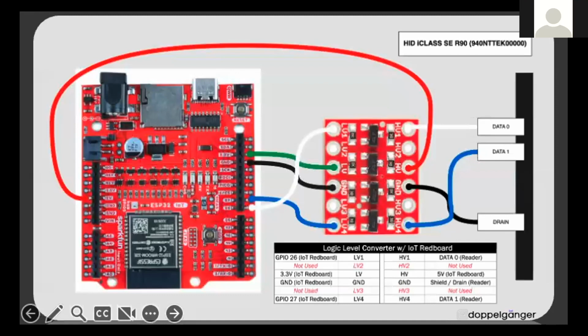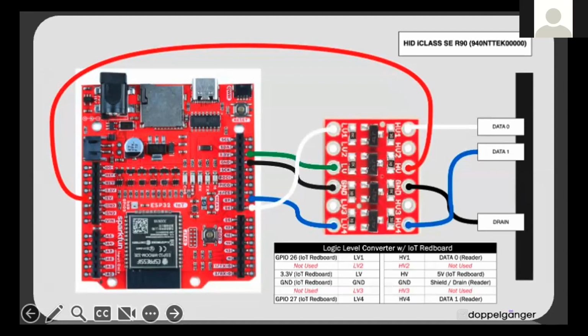Wiring, so we do have to use a logic level converter when setting up the device. Reason for this is the RFID readers are putting out a 5-volt signal. The ESP32s, they say they're not 5-volt tolerant, although I have wired them directly to it, and it's worked. Really what you should be doing is stepping it down to 3.3 volts. That logic level converter allows you to do that.